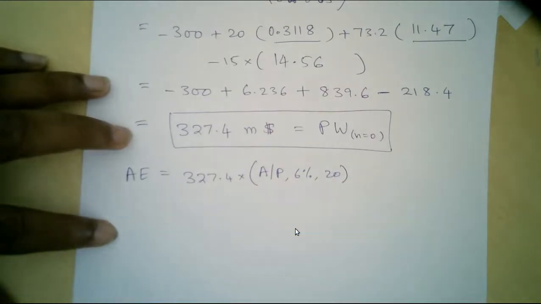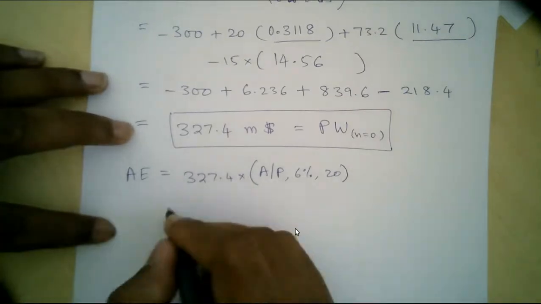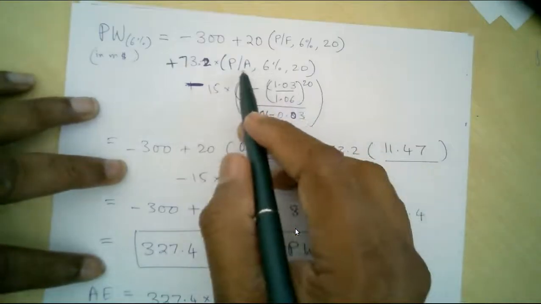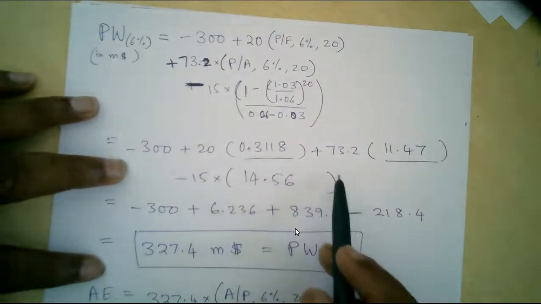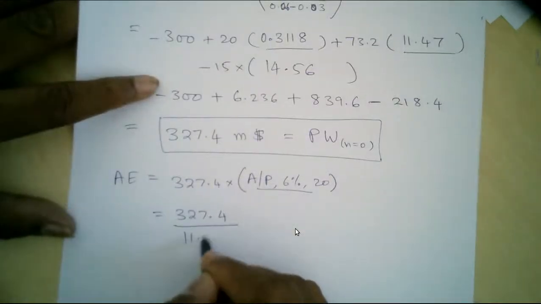If I spread this present worth across 20 years, I get 327.4. Now this quantity we have already calculated here, right? P by A is the inverse of A by P. So this 11.47 we already calculated, so instead of multiplying, now I can simply divide by 11.47.